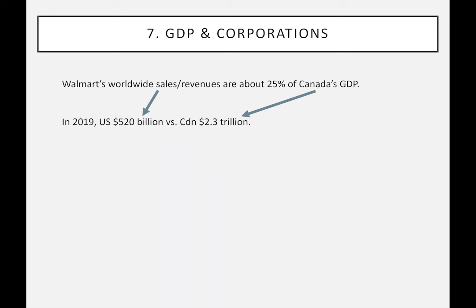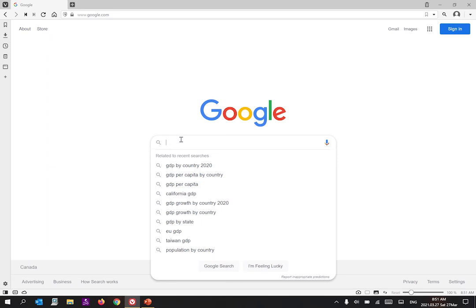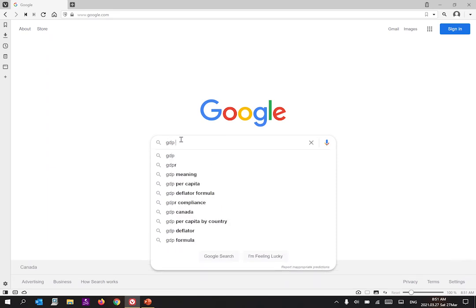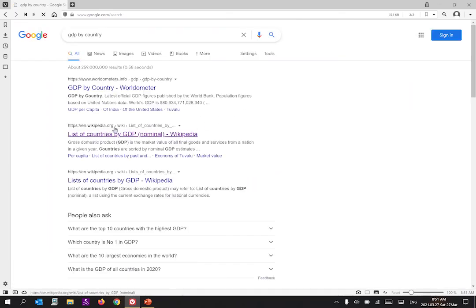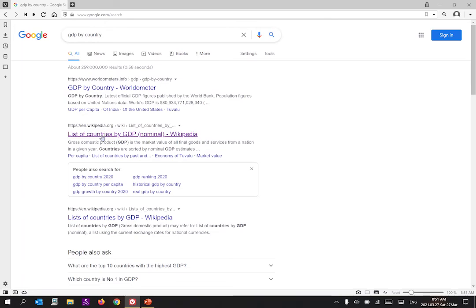Well, let's take a look to compare Walmart's worldwide sales with GDP by country. I'll use Wikipedia.